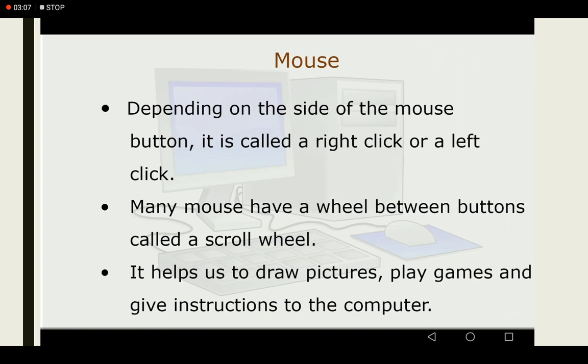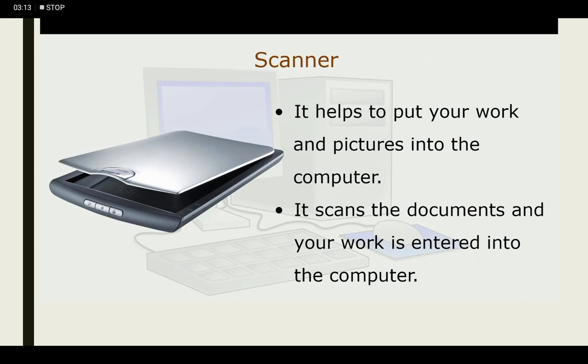It also helps to draw pictures, play games and give instructions to the computer. Next input device is the scanner. It helps to put your work and pictures into the computer. It scans the documents and your work is entered into the computer.